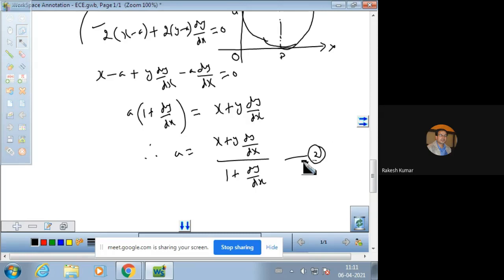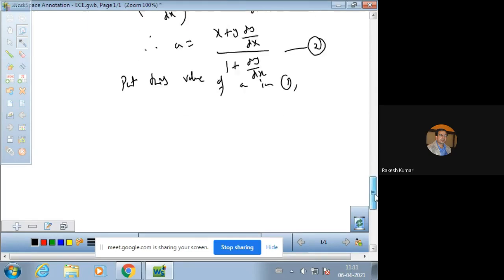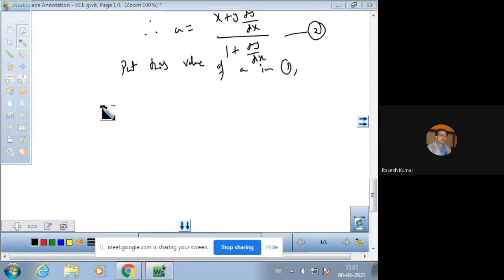So name it as equation number 2. And equation number 2 gives us the value of a. So put this value of a in 1. You will substitute the value of a in 1.